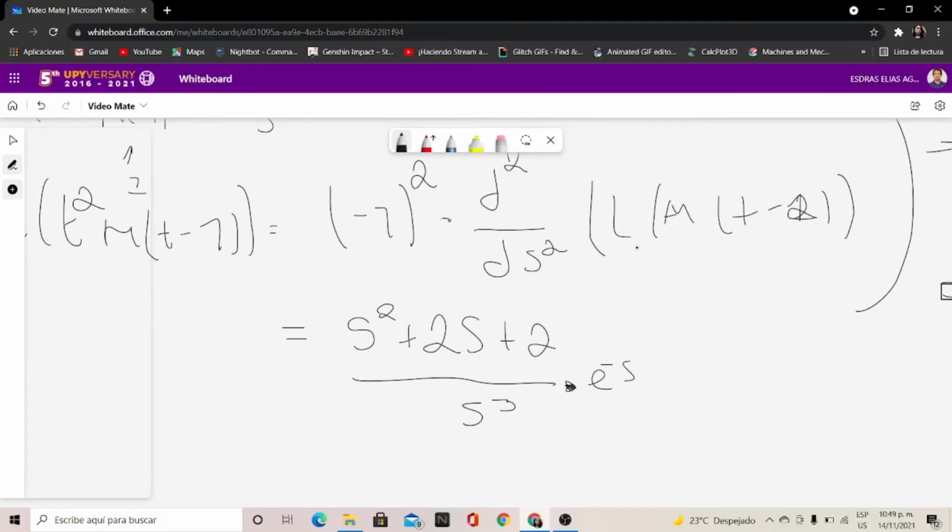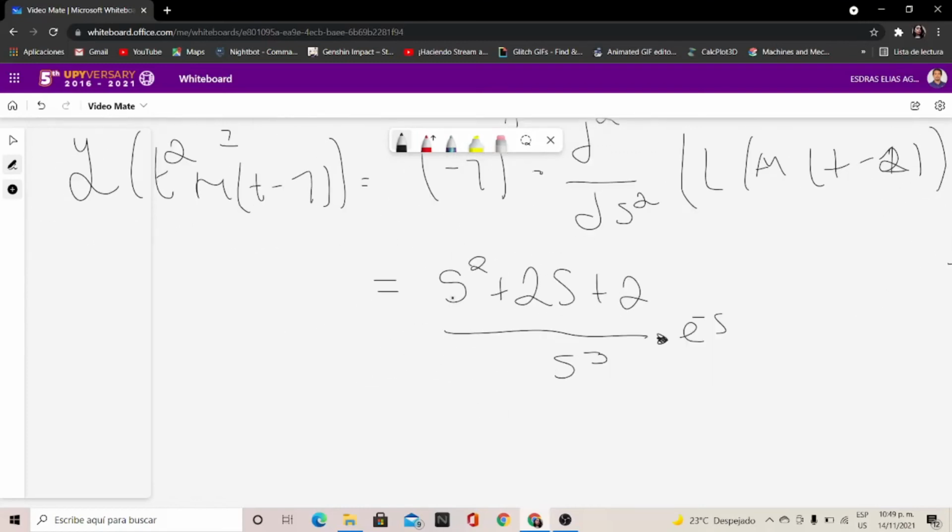Applying the derivative and multiplying by minus 1 squared, we get s squared plus 2s plus 2 over s cubed times e to the minus s.